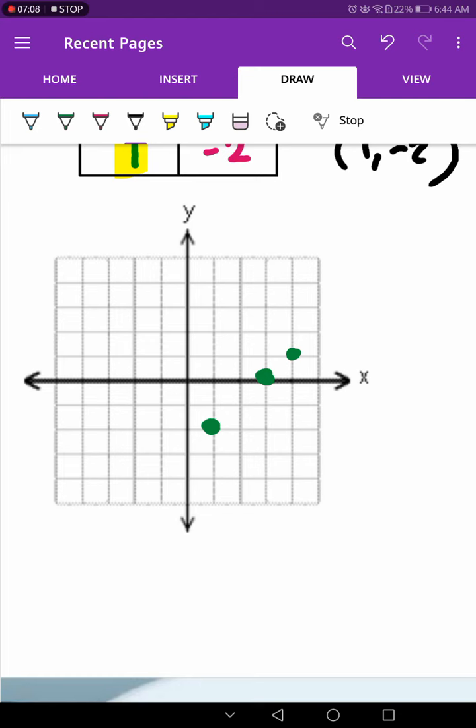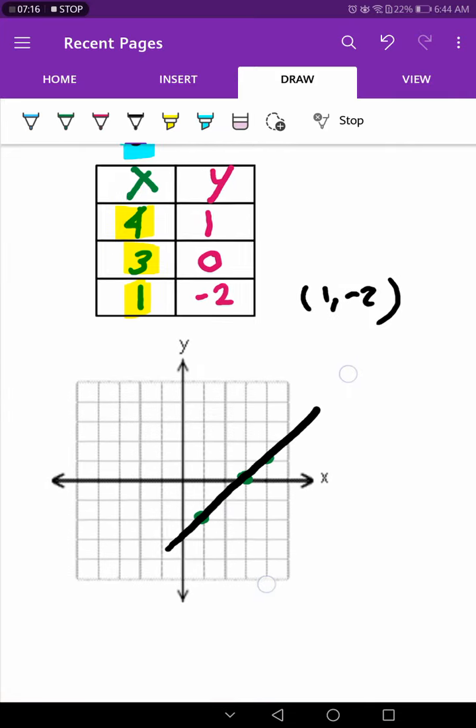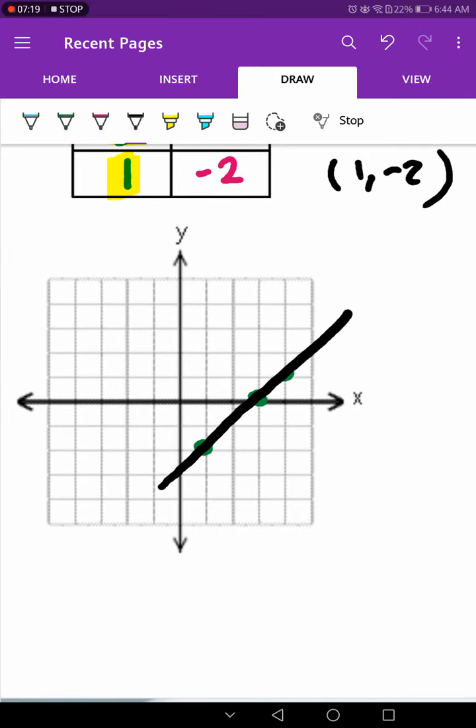A ruler. Good. So you have to draw a straight line and say, hey my teacher, this graph or this line represents y equals x minus 3, the equation that you asked us. By the way, look here.